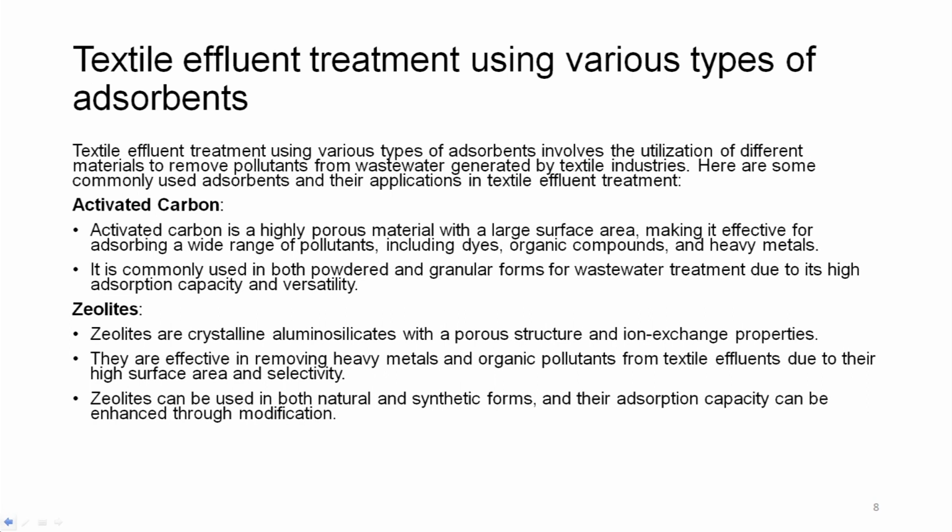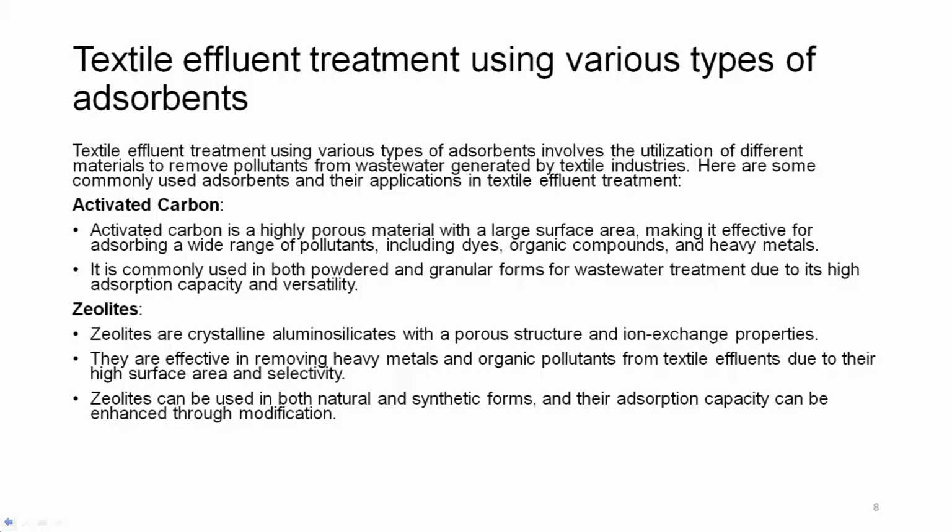So, that means that activated charcoal can be designed to be used for removing dye, that is decolorization, or removing heavy metals and some of the special organic compounds. It is commonly used in both powdered and granular forms for wastewater treatment due to its high adsorption capacity and versatility.